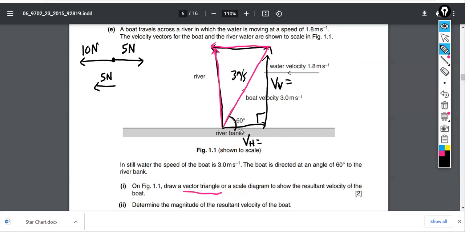Since I know this angle is 60 and this angle is 90, I know that's the hypotenuse. I should be able to use some trig functions to solve this. The horizontal component of the boat's velocity is adjacent to the 60-degree angle, which means the cosine function is helpful here, because the cosine of some angle is equal to the ratio, the adjacent side, the horizontal component of velocity, over the hypotenuse, and I know its value is 3.